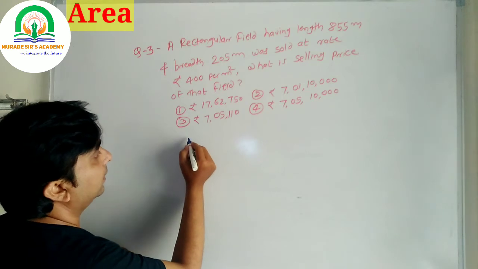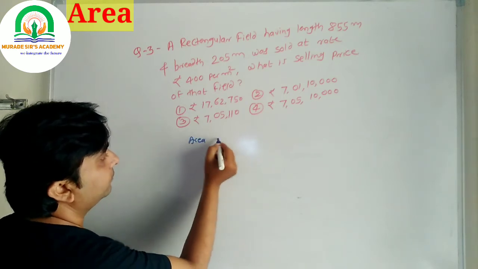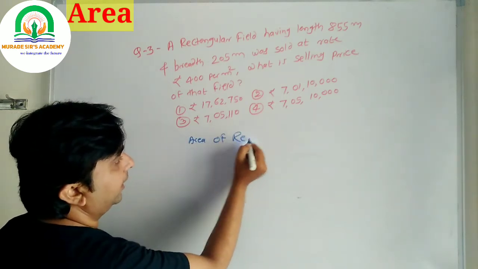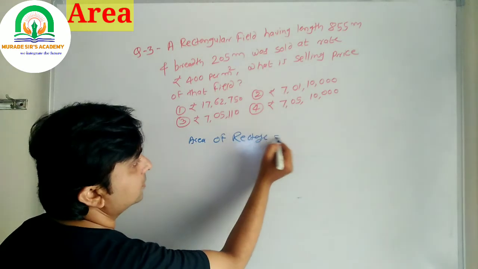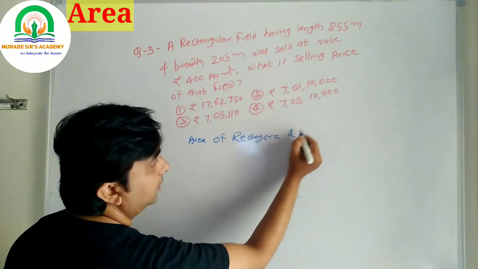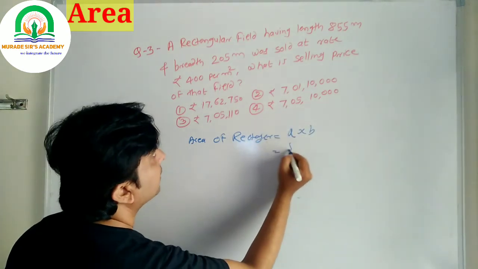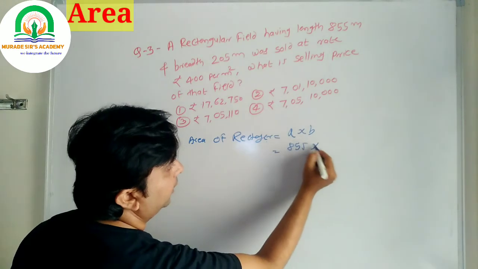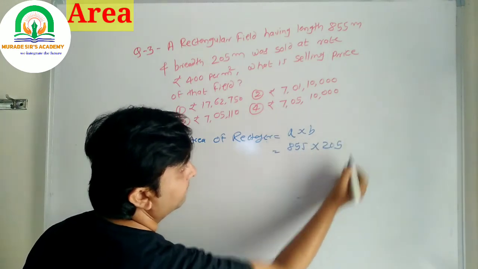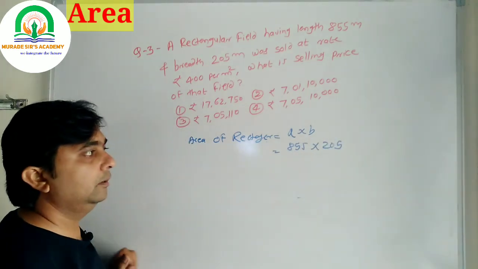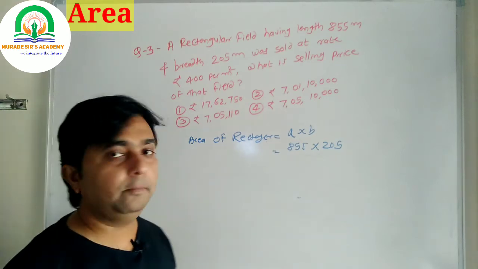Area of the rectangle means length into breadth, which means 855 into 205. You know three-digit multiplication.